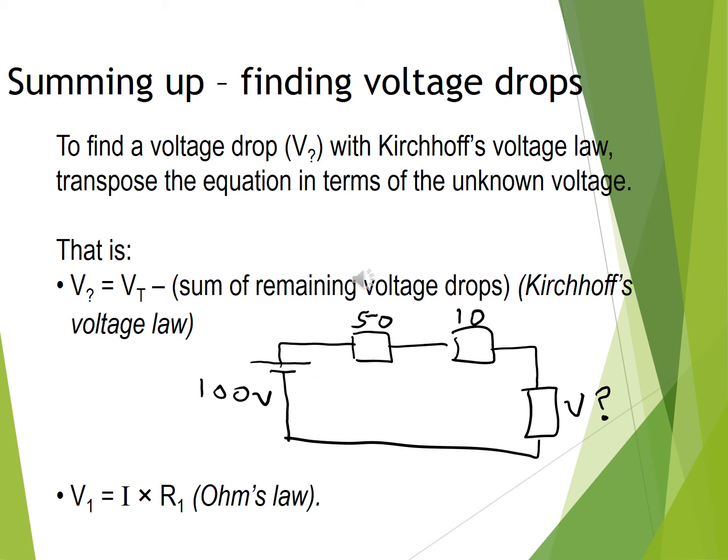Well, the answer is 40. So if the voltage across the V question mark was 40 volts, it would be 40 volts plus 10 volts, which is 50 volts, plus 50 volts is 100 volts, and the supply voltage is 100 volts, so therefore the sum of the voltage drops around the circuit is equal to the applied voltage.